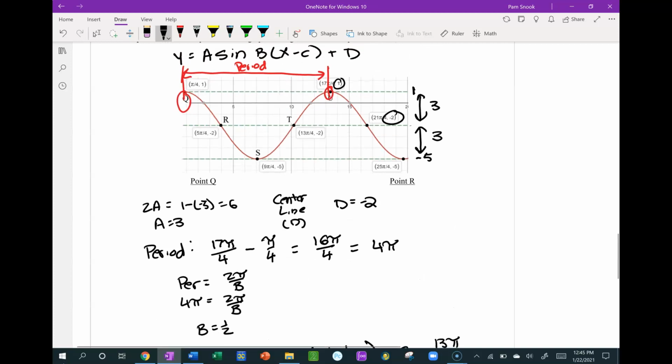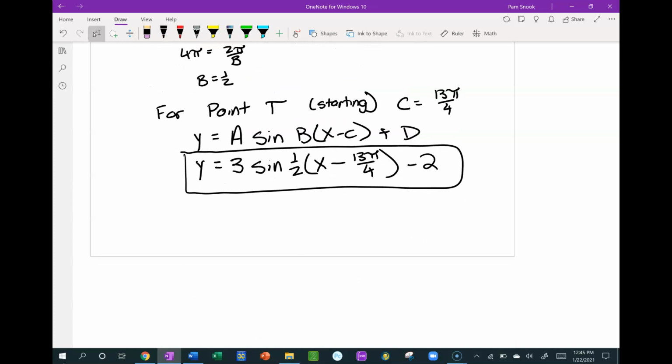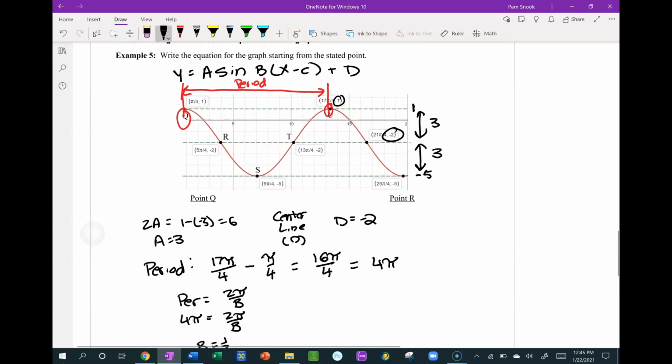What if we started at point Q instead? Our equation would be a little bit different. So now C is going to equal, just grab the x-coordinate of point Q, that's pi over 4.